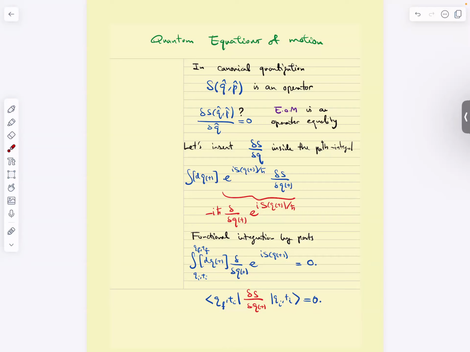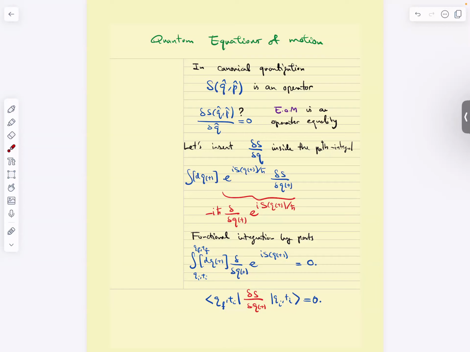It is this expression evaluated at q_f minus this expression evaluated at q_i. This has a name, the Schwinger-Dyson equation. But for now, it's just sort of a triviality.